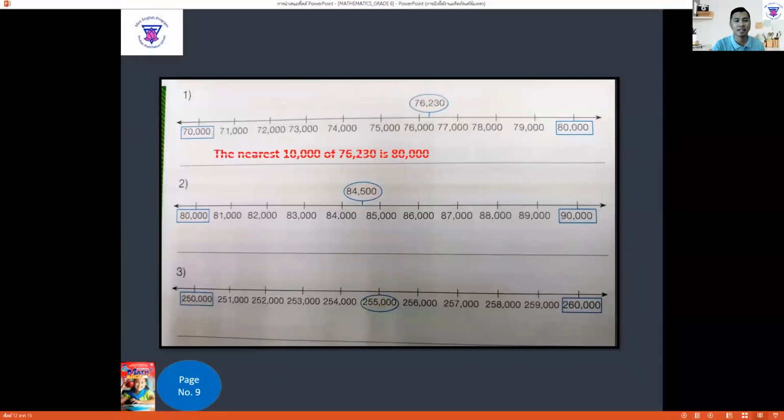Okay, so then again, the nearest 10,000 of 76,230 is 80,000. Remember, student, the number in between 70,000 and 80,000 is 75,000. That is the middle, or in between.